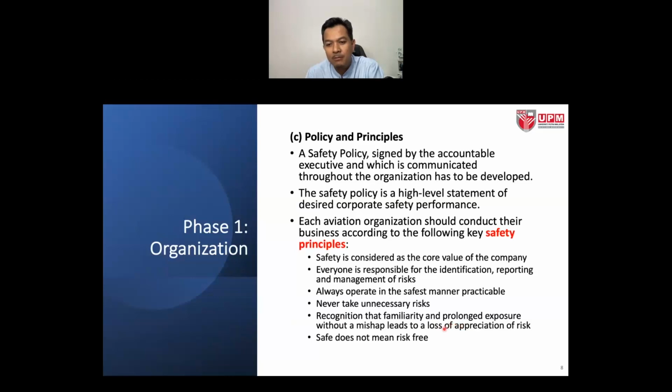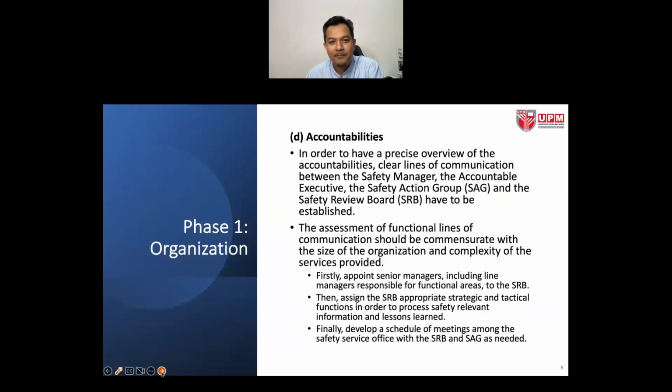So this will result in loss of appreciation of risk. Safe does not mean risk-free. There are so many risks that can happen even in a safe room. So many other things that can happen.